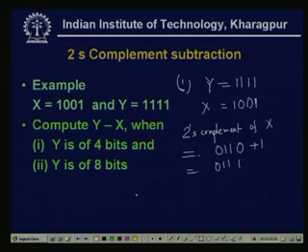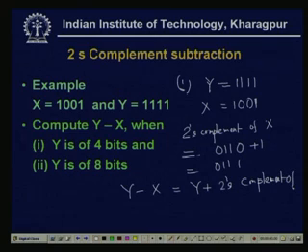Now, instead of doing the difference, I will add: y minus x is y plus the 2's complement of x. So, y is 1111 plus 0111.